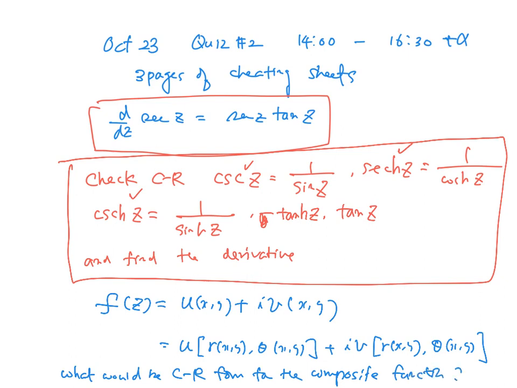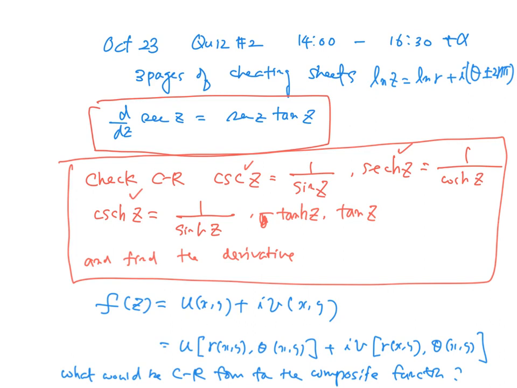That's one possibility, right? For example, we have ln z is r plus i theta, of course plus minus 2n pi. So the logarithmic function is represented by r and theta. In some cases, we have r and theta representation.